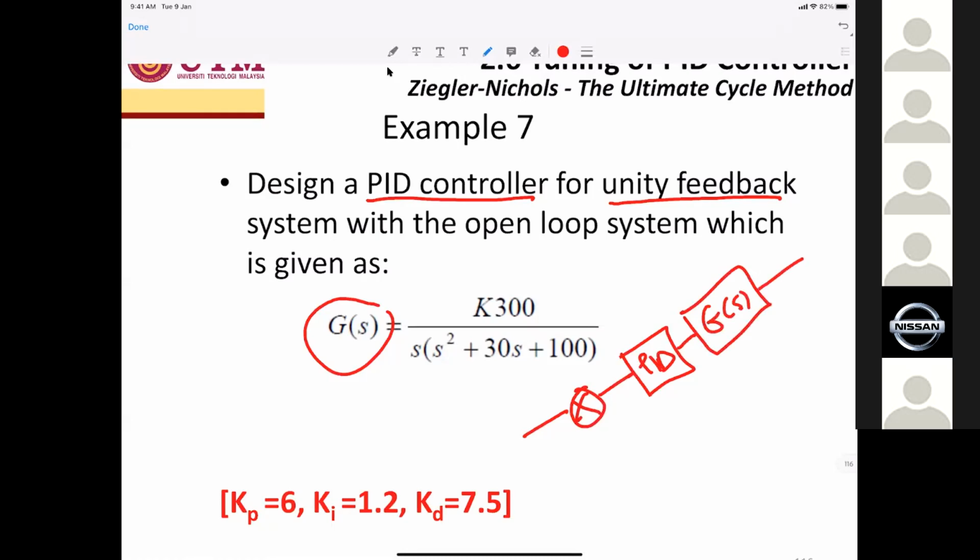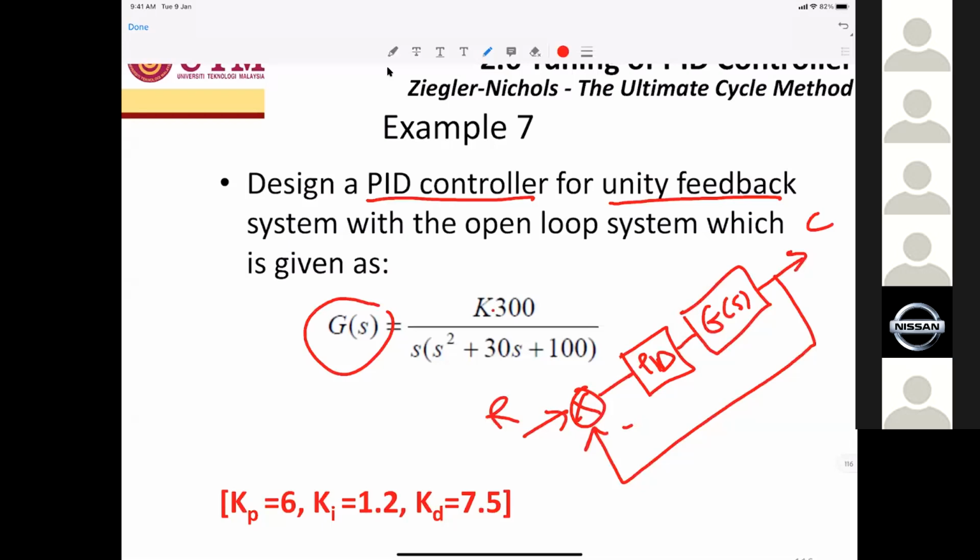This is your input, this is your output, and it is a negative feedback. So this is the block diagram for this particular problem. We have 300K multiplied by the term over S squared plus 30S plus 100.